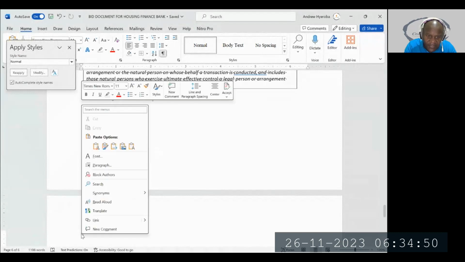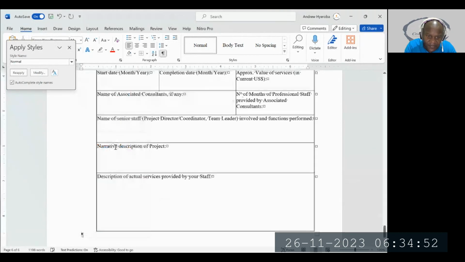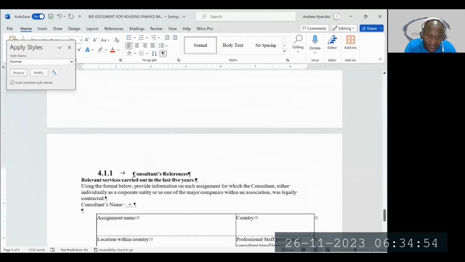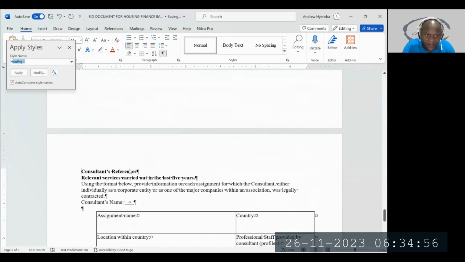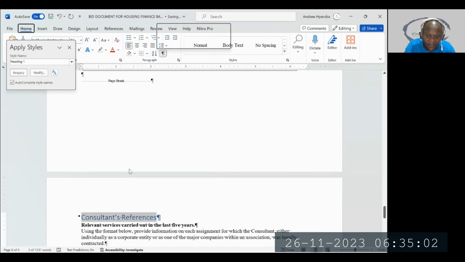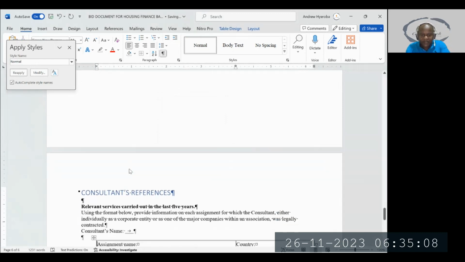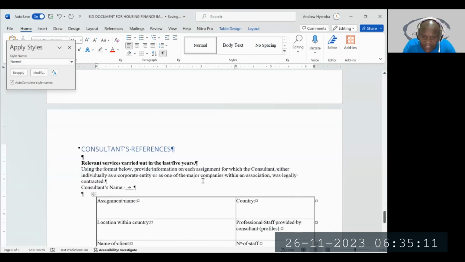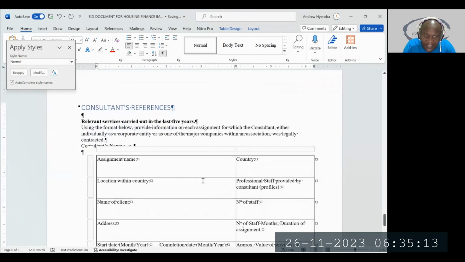And we shall paste it here, and then make that our heading. And since all our headings were in capital letters: relevant services carried out, provide information on each assignment for which the consultant, either individually or as a corporate entity.